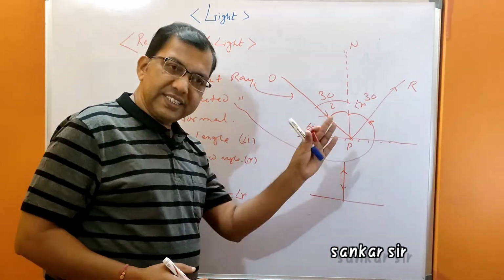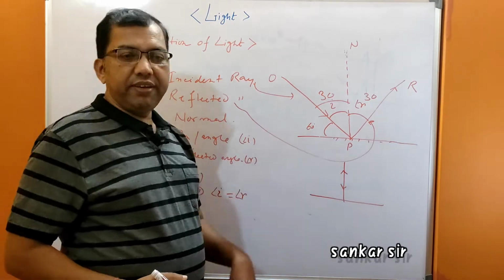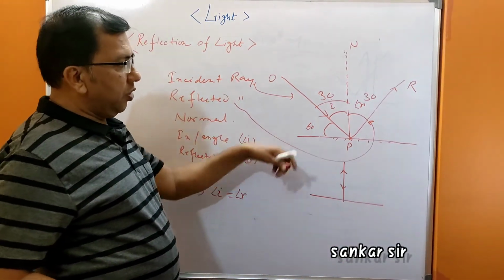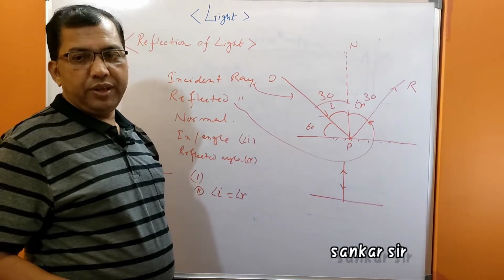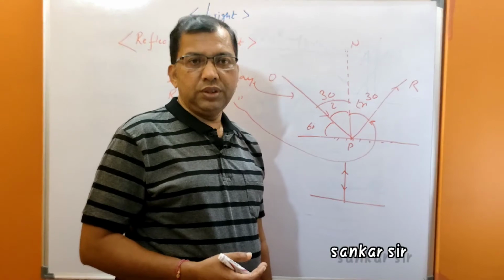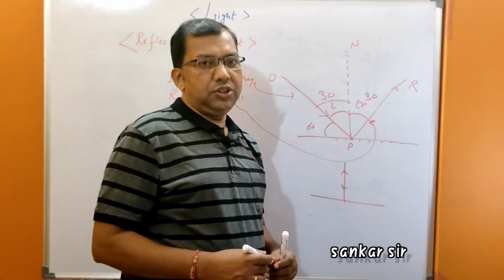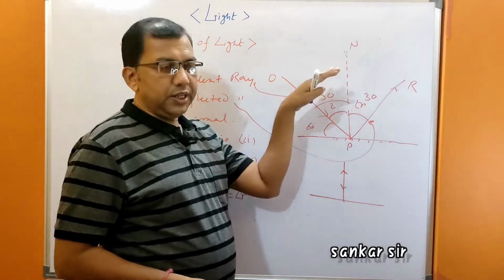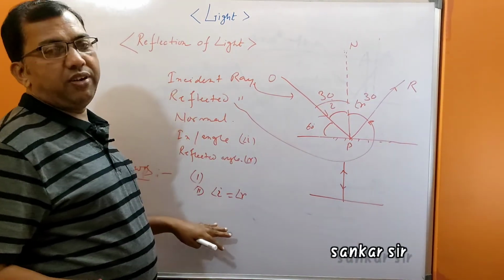Incident angle as well as reflected angle will be 0. When the ray of light falls normally, the incident angle is 0. Clear? So these are the laws of reflection, the definition of reflection, and some points regarding reflection.